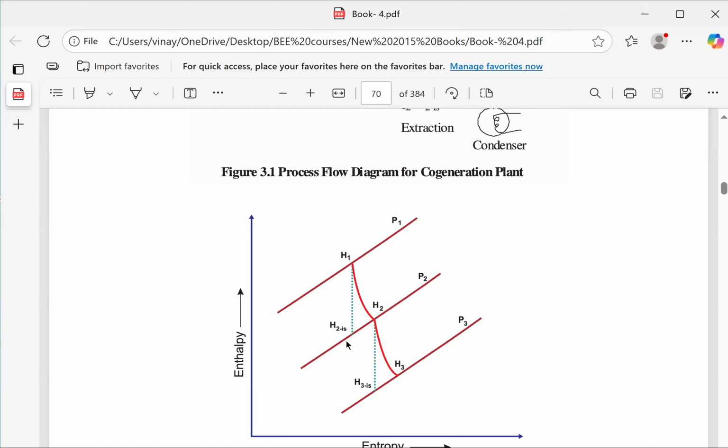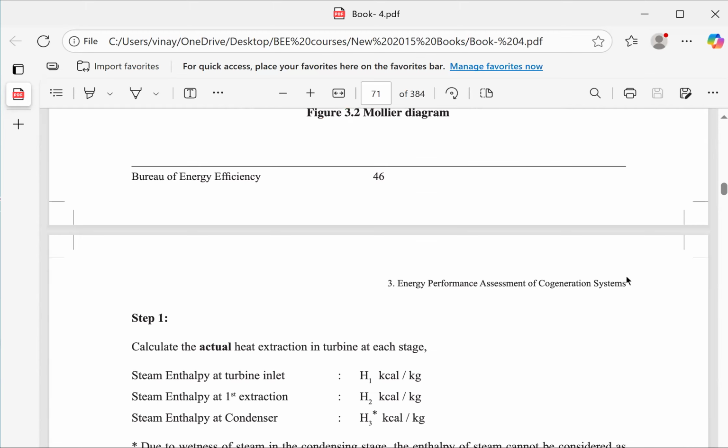Ideally, when you want to find out the efficiency of this turbine stage, it should have dropped the heat like this, which is a larger quantity. But actually it has dropped to this. The difference between two is the inefficiency. That means on the numerator, this is actually obtained. On the denominator, the isentropic drop will give you the efficiency of the turbine stage.